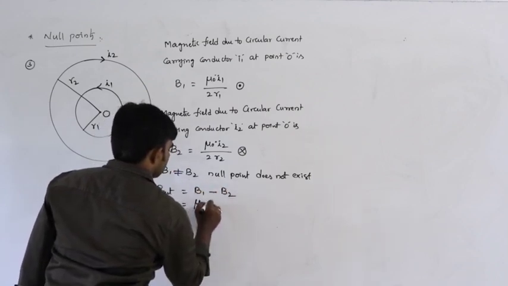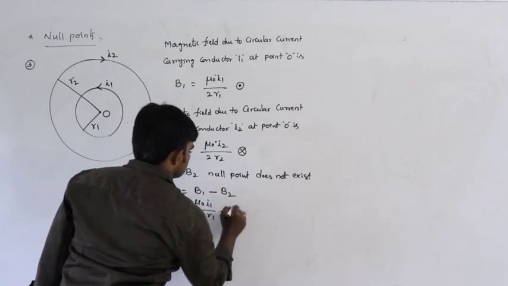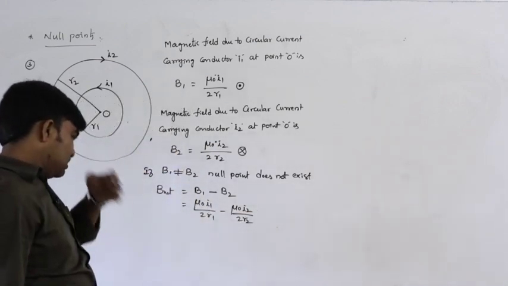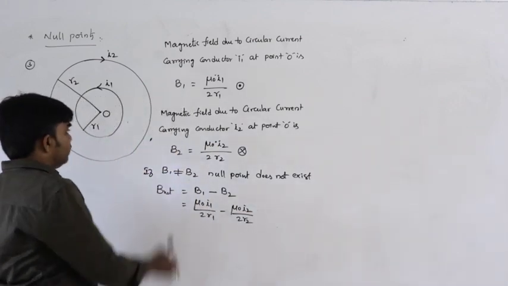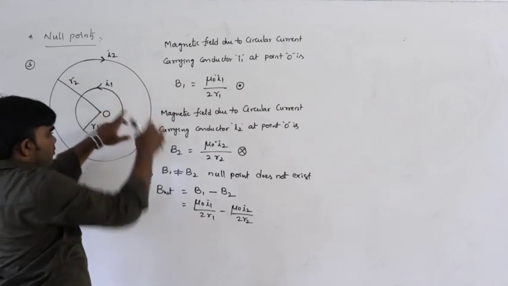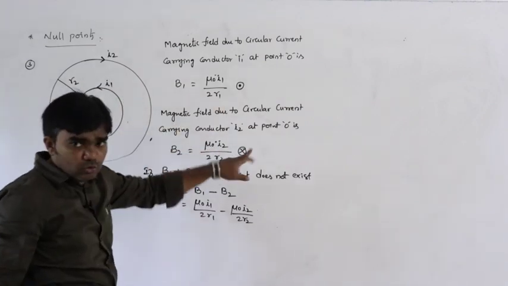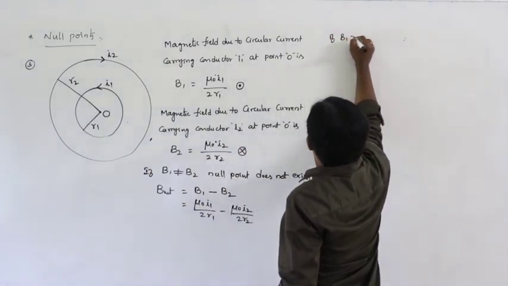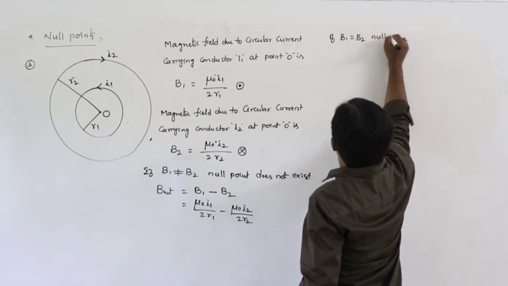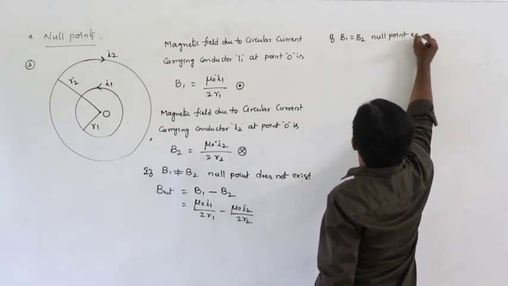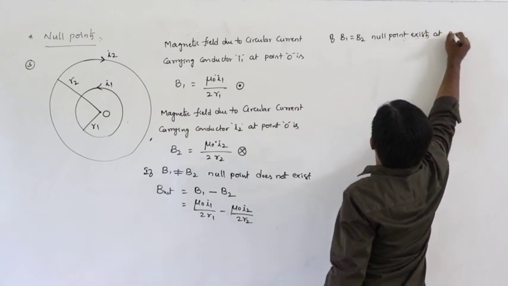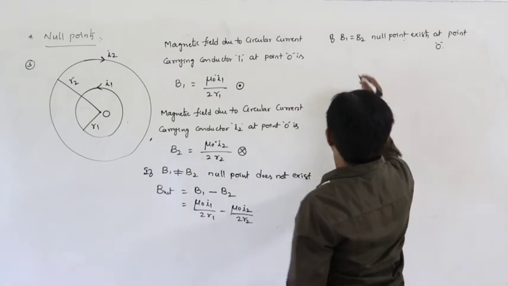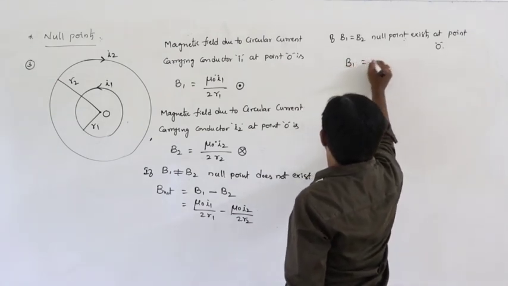That is mu naught I1 by 2R1 minus mu naught I2 by 2R2 simply. Net magnetic field we can write. If N number of turns are also mentioned, mu naught N1 I1 or mu naught N2 I2 like that. If B1 is equal to B2, then null point exists at point O. So therefore, B1 is equal to B2.